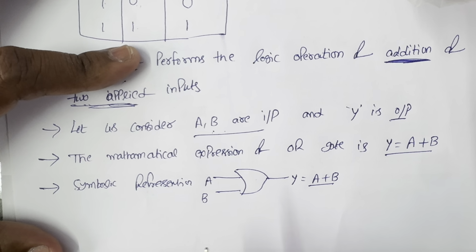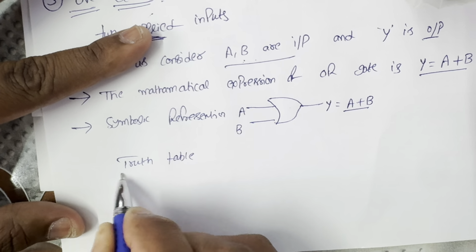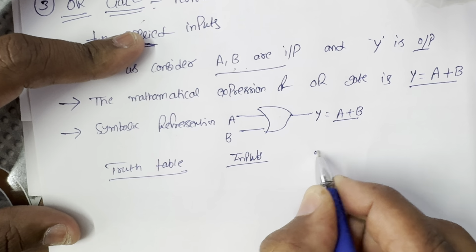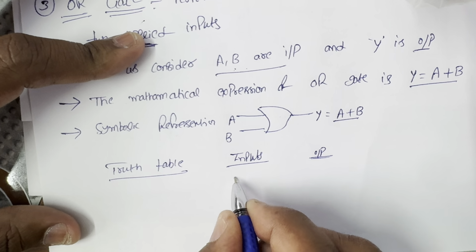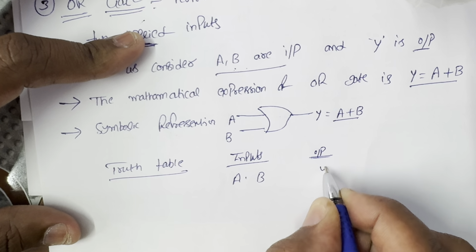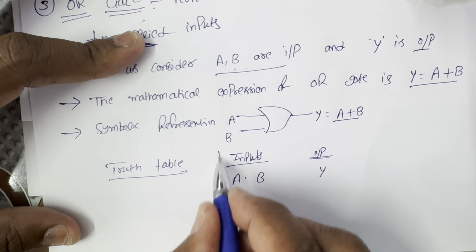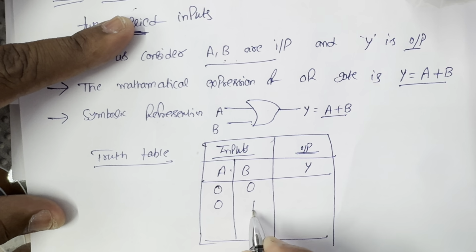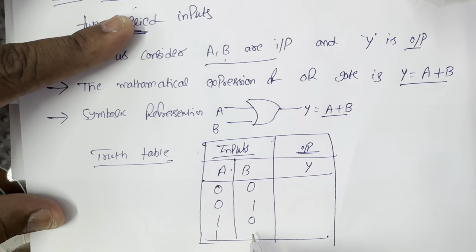Now coming to the truth table for the OR gate. Here again, inputs and outputs. Inputs are A and B, and the output is Y. Here there are two inputs, so we have four possible combinations: 0 0, 0 1, 1 0, 1 1.